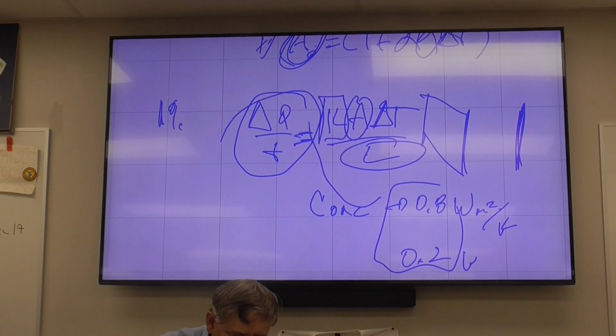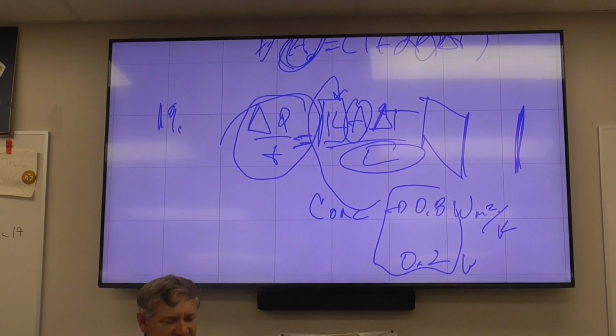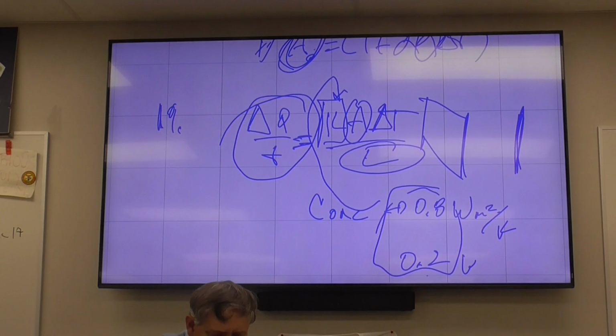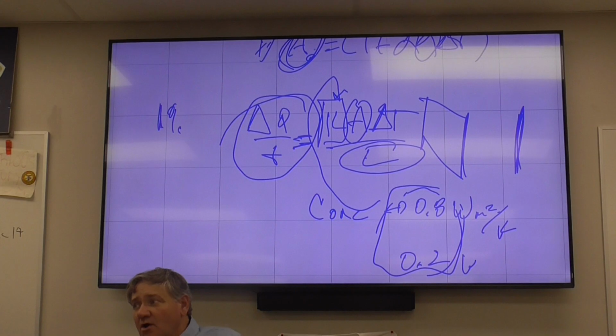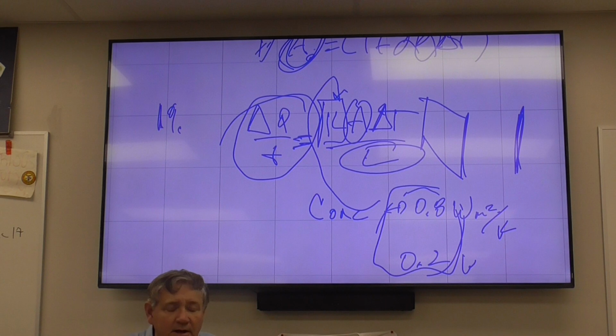So that's that value of K. Here's the basic idea: the bigger the value of lowercase k, the more energy that it transfers through.